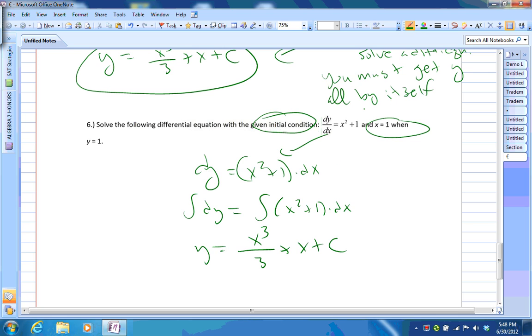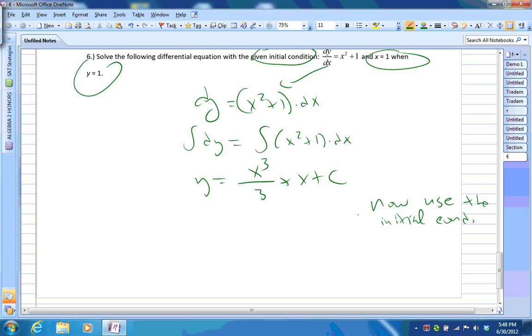Now use the initial condition. All that means is it's giving you an x and y value that go together. So I'm going to plug in 1 for y and 1 for x, because you're told that, right?